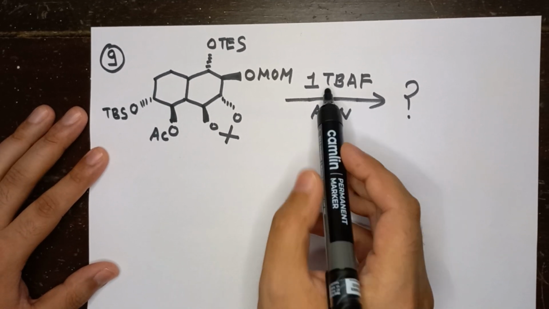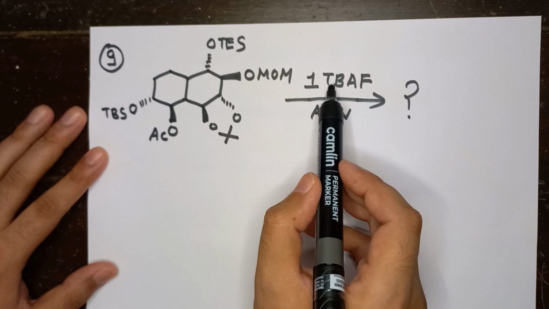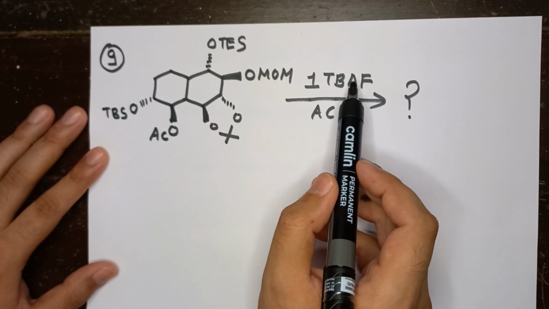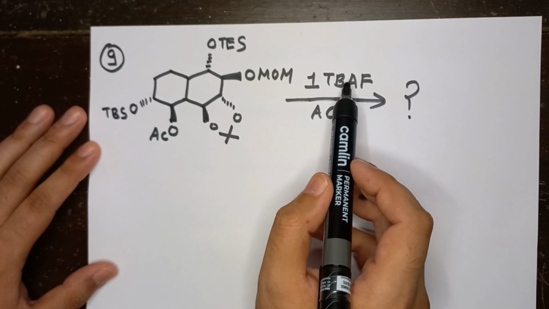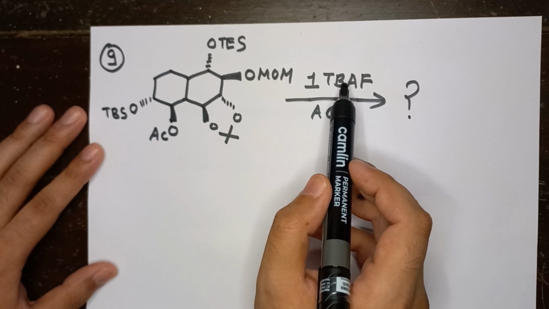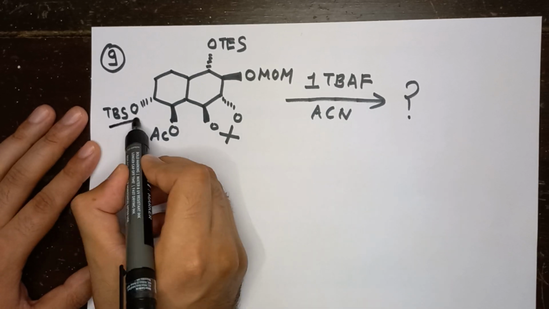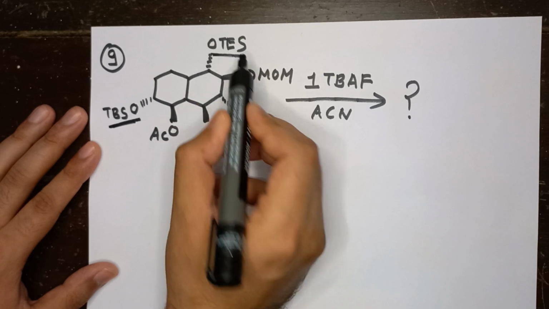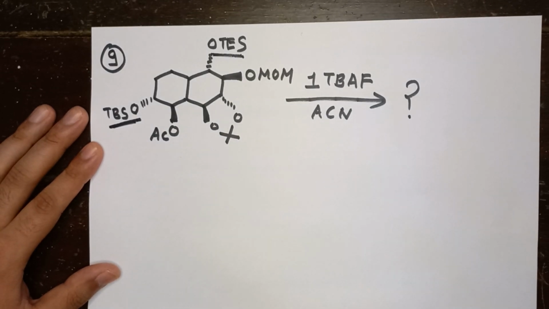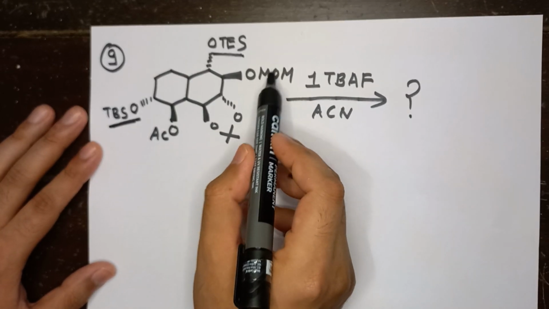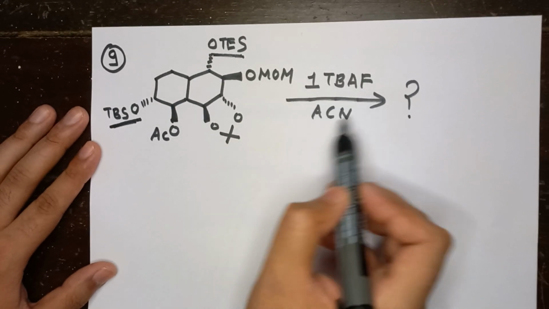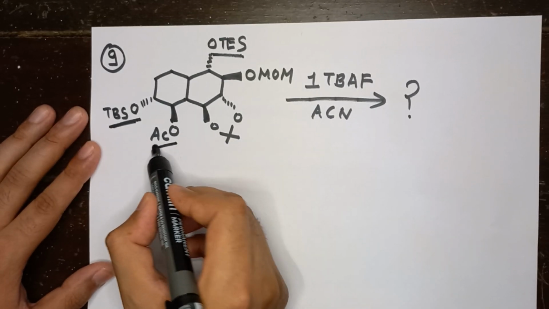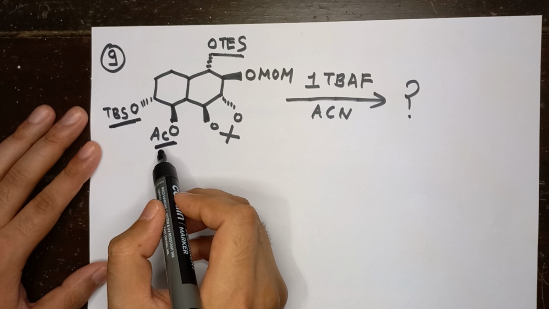Okay, so as a reagent I can see TBAF. I know it will give me F minus, and I know F minus is used to deprotect silyl functional groups. So here I have a silyl functional group and here I have a silyl functional group. Well, the MOM group is deprotected under Lewis acid condition. We do not have a Lewis acid here. The acetyl group is deprotected under strong basic condition.